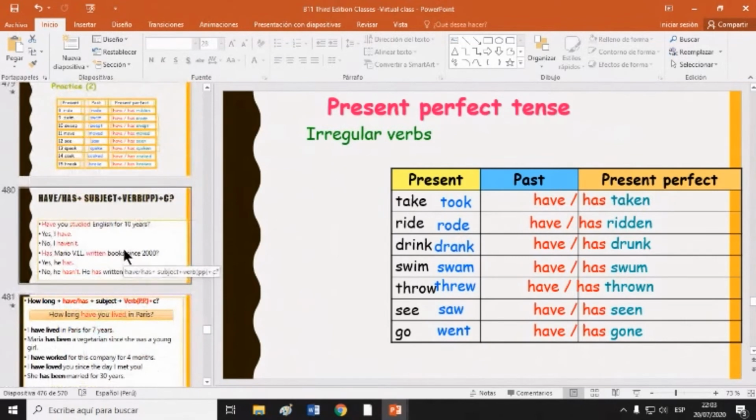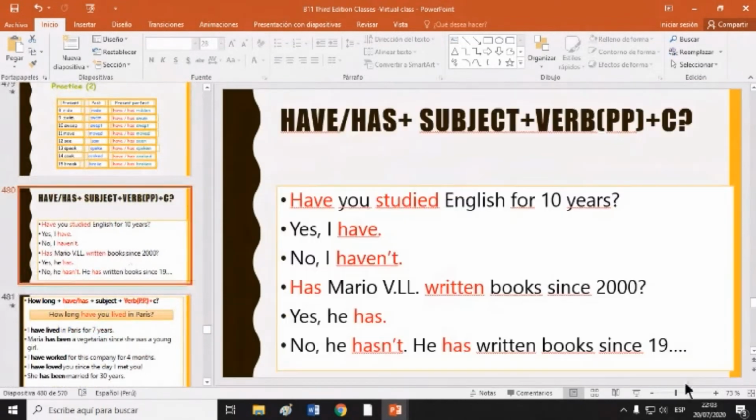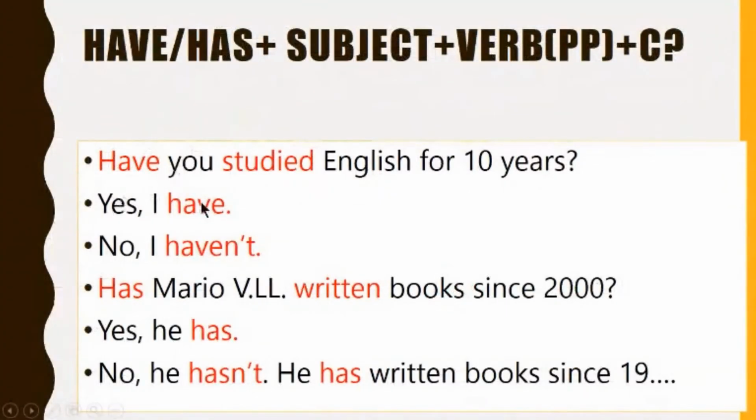Pay attention here, for example. In a question, you can start with have, the subject, and then the verb in the past participle. Have you studied English for 10 years? Yes, I have. Or no, I haven't.